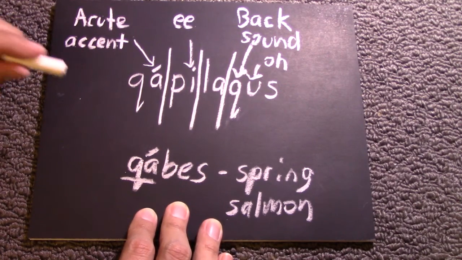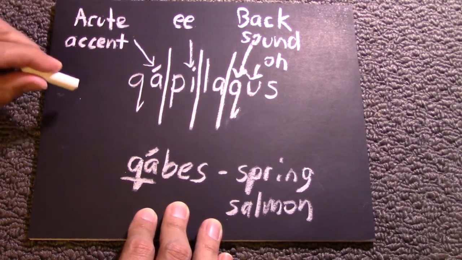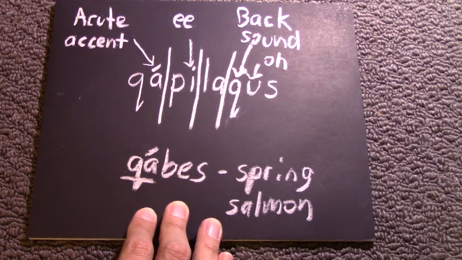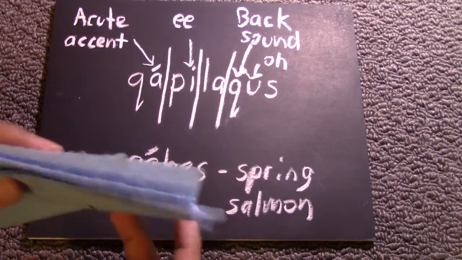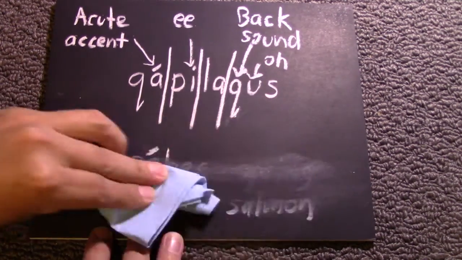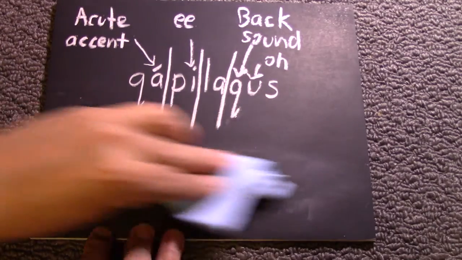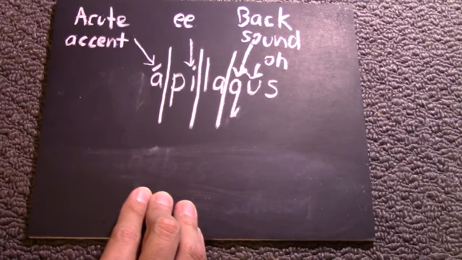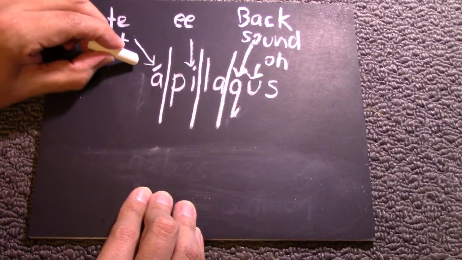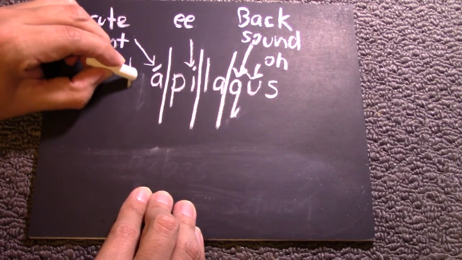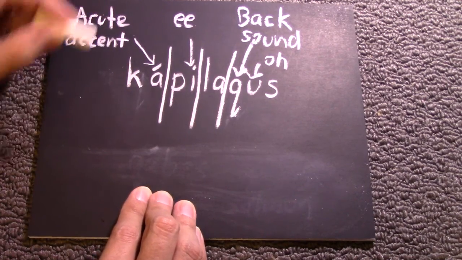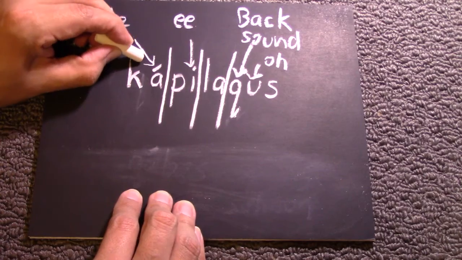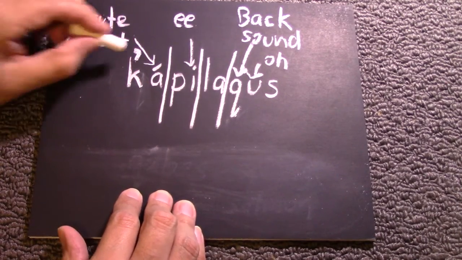Now, in order for us to change the meaning of this word to July, what we're going to do is, first of all, just erase one letter, the Q. I'm replacing the Q with the letter K. And it's not a regular K, it's got an apostrophe over top of it.